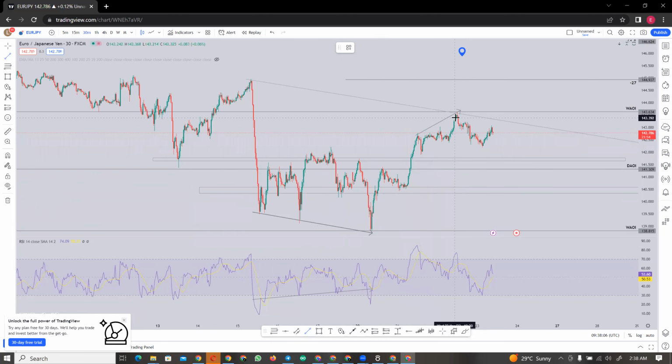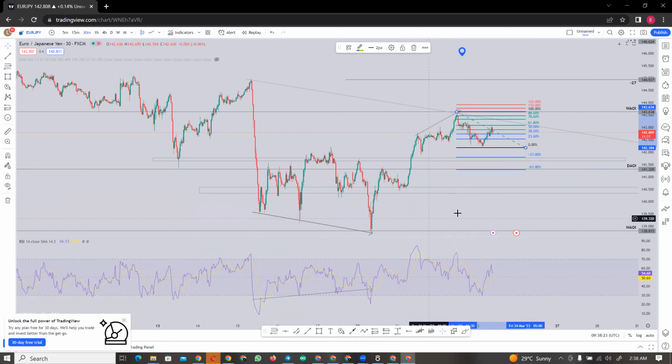This is our last higher high. So you should be careful with all this. So you put your fib, because your entry will always be entry on fib.